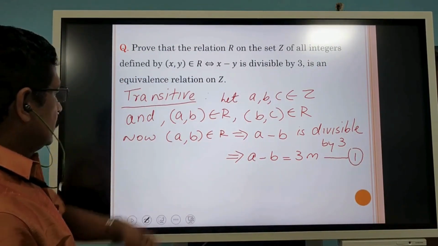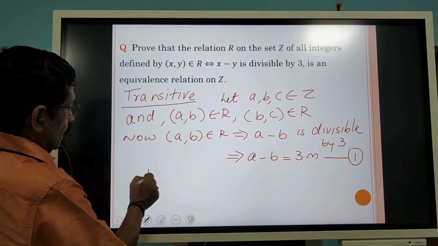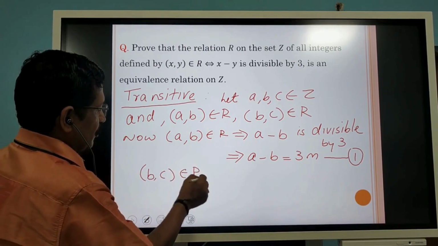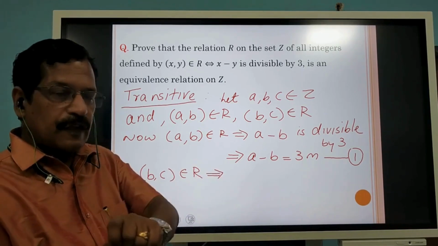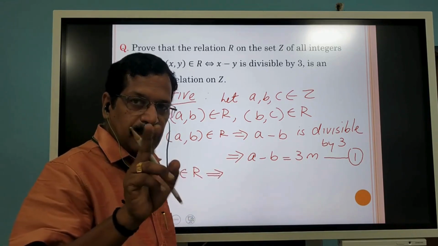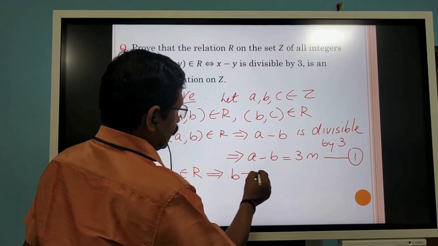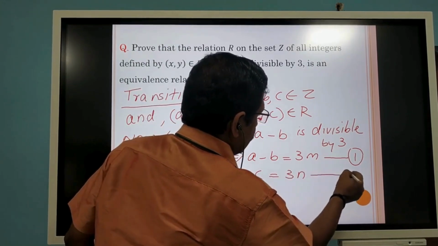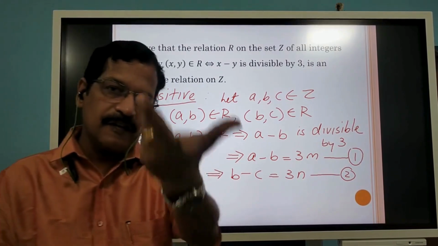Now the next case is b is related to c. Ordered pair (b, c) element of R implies b minus c is divisible by 3. Automatically b minus c will be a multiple of 3. So directly I am writing b minus c is equal to some multiple of 3, because b minus c is divisible by 3 means it is a multiple of 3.